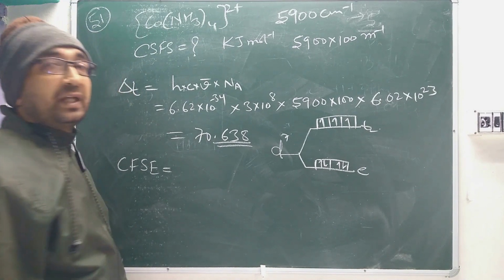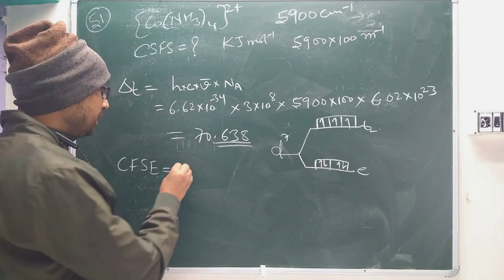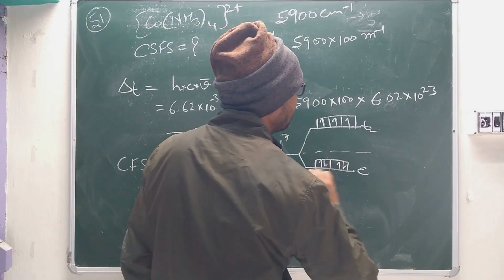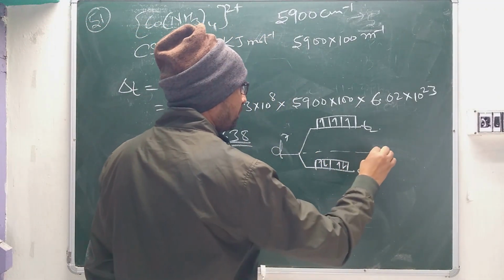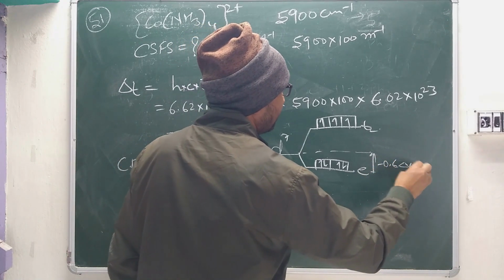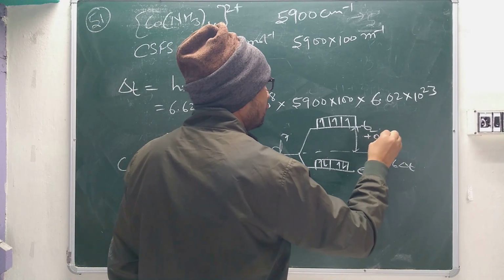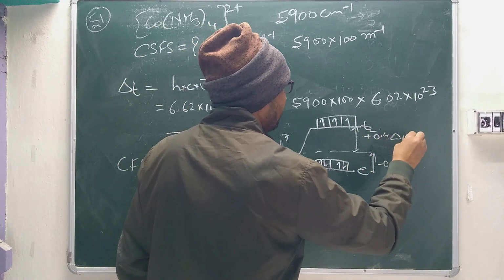So 7 electrons we have, and then you just see one thing in this CFSE. Now it will be easy. So you know this is the barycenter. From barycenter to down it will be minus 0.6 delta tetrahedral, and from barycenter to top it will be plus 0.4 delta tetrahedral.